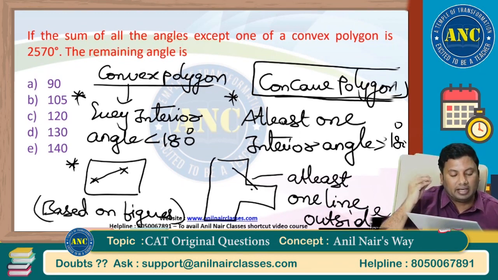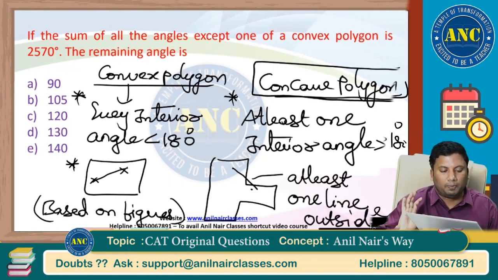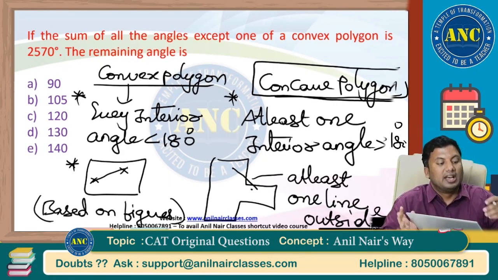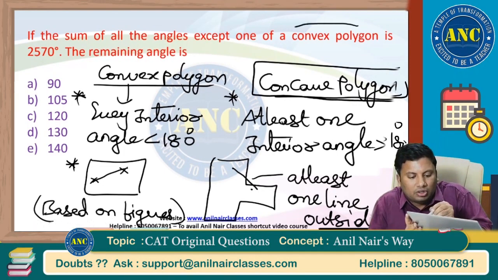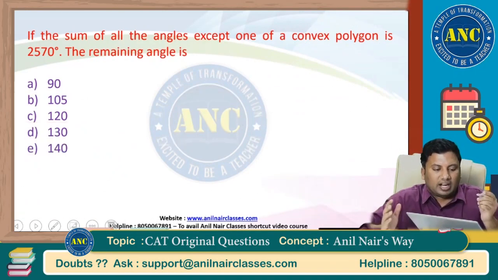He might give you the diagrams and ask which polygon is convex or concave. That is the first point. Second, we should know what a convex polygon is. Second key point, please write down, sir.